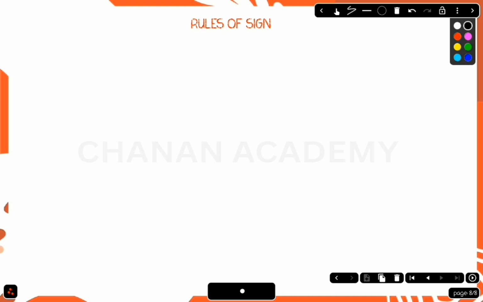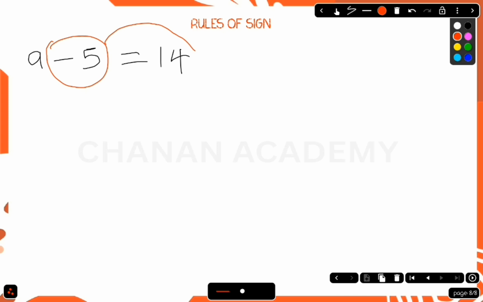Let's take another example. If we have a minus 5 equal to 14. So this sign belongs to 5, and if it crosses over here, the negative sign changes to become positive.